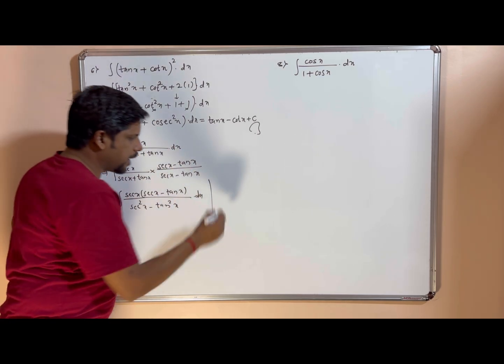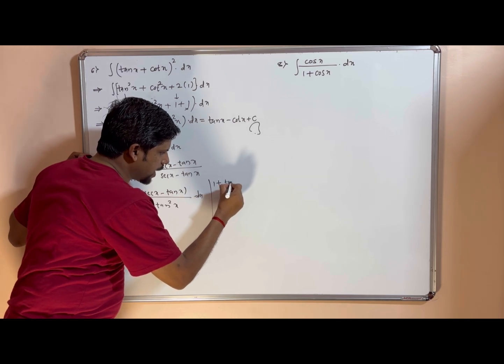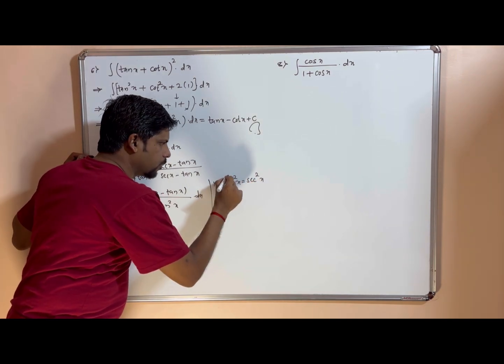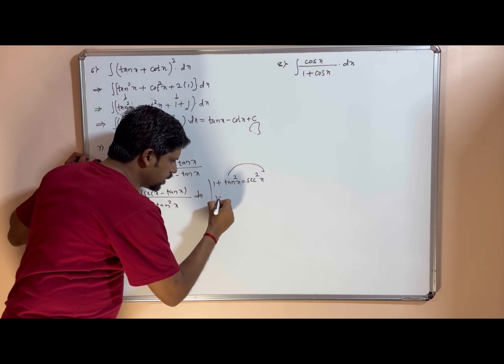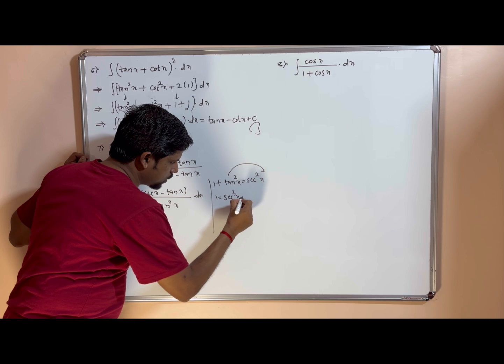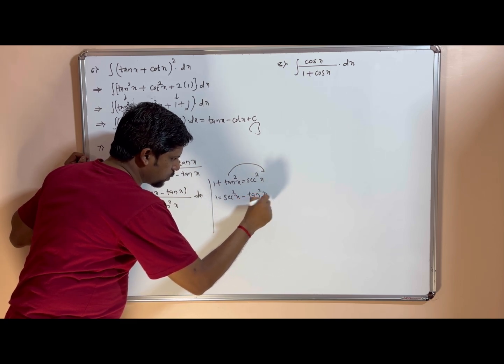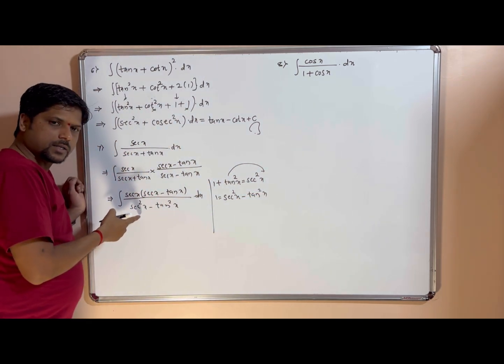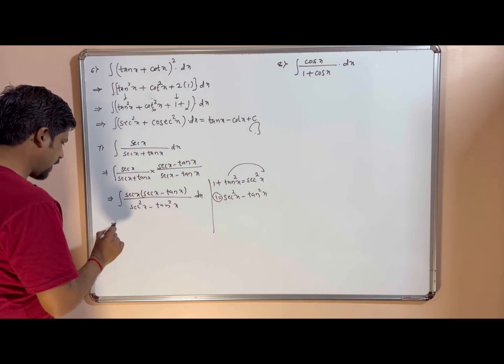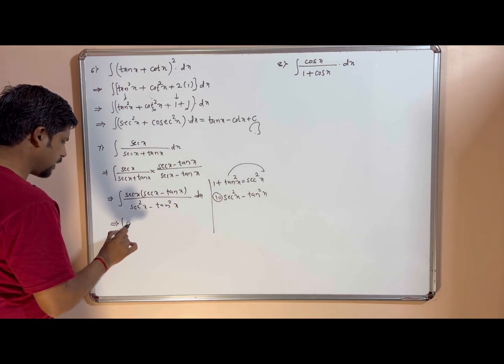Recall the trigonometric identity, 1 plus tan square x is equal to sec square x. Now take this to the other side. We get 1 is equal to sec square x minus tan square x. So the denominator part, sec square x minus tan square x, can be written as 1, right? This implies we are left with integration of the numerator.